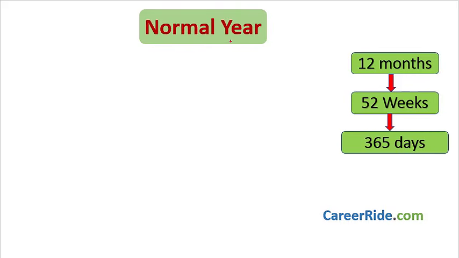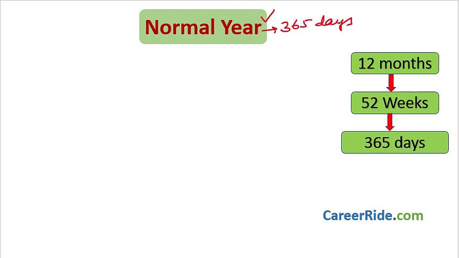Okay, so before we begin to solve the questions from this chapter, it is extremely important to get some concepts right so that you become capable of solving those questions, right? The first thing when we talk about a calendar, all of us know, is there are two kinds of years that we'll meet. The first is the normal year that contains 365 days.